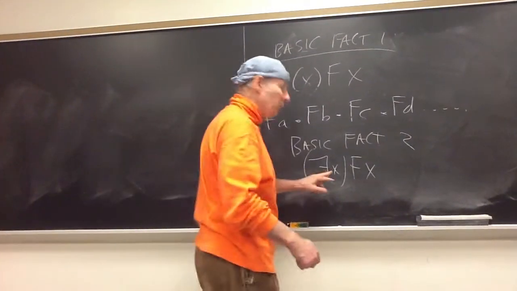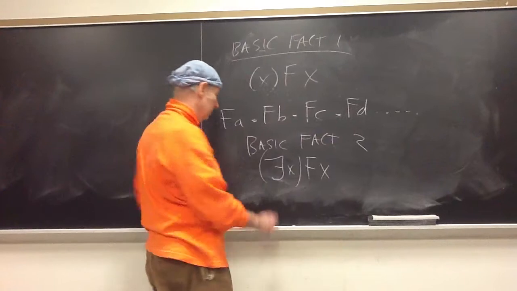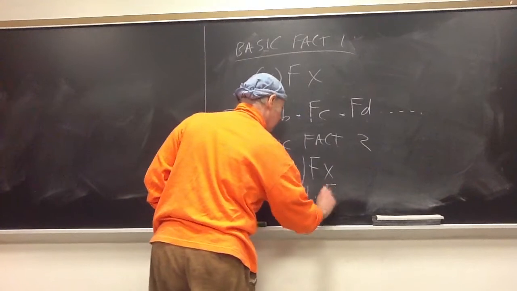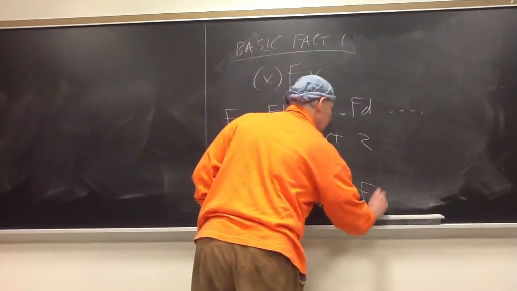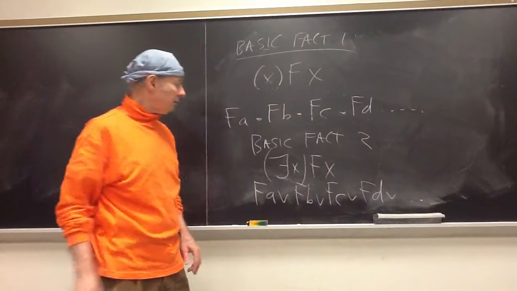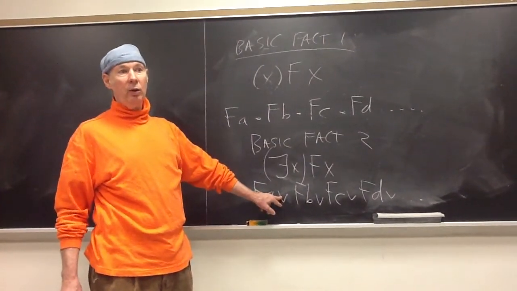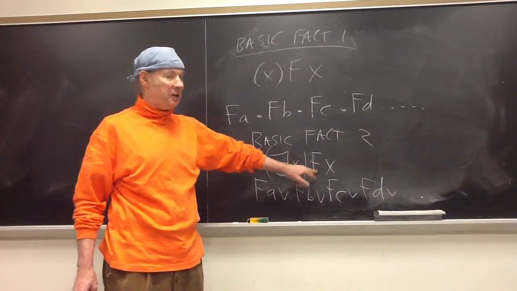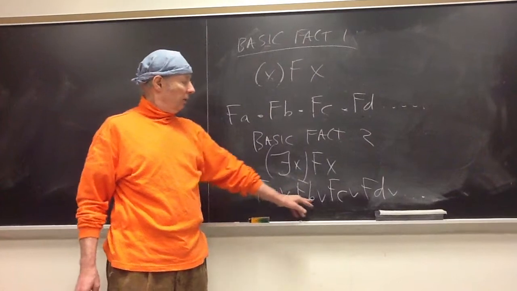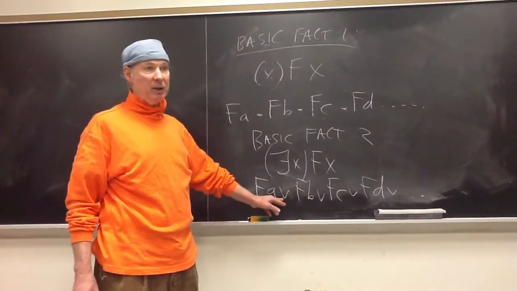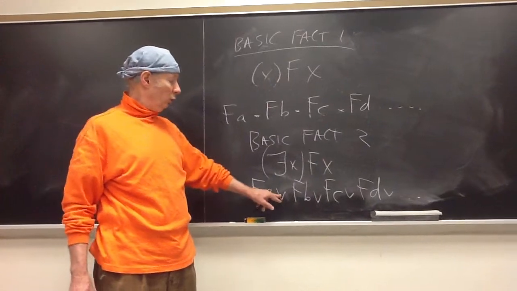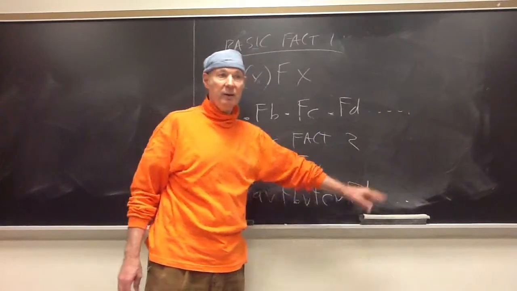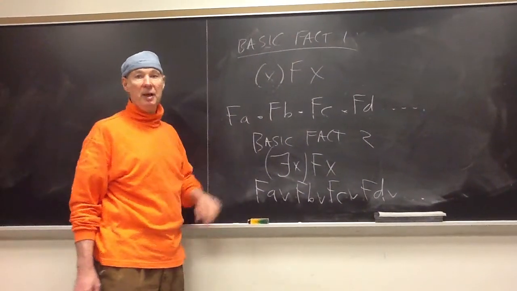So this is what this is equivalent to: A has F, or B has F, or C has F, or D has F. Since you don't know what objects have F when you say there is some object that has F, then you have a big disjunction. A has F, or B has F, or C has F, or D has F, and so on. These are the two basic facts.